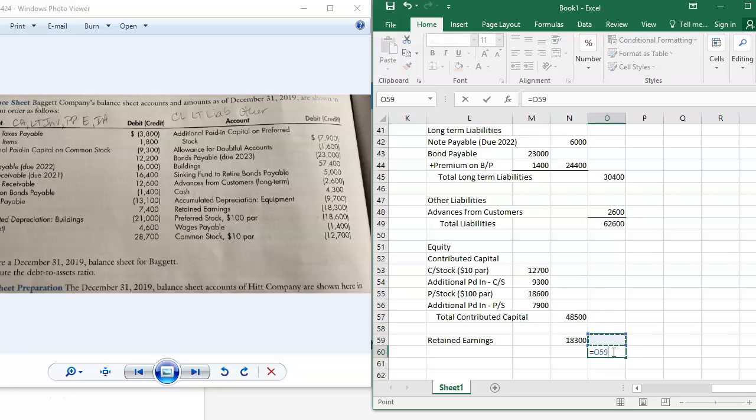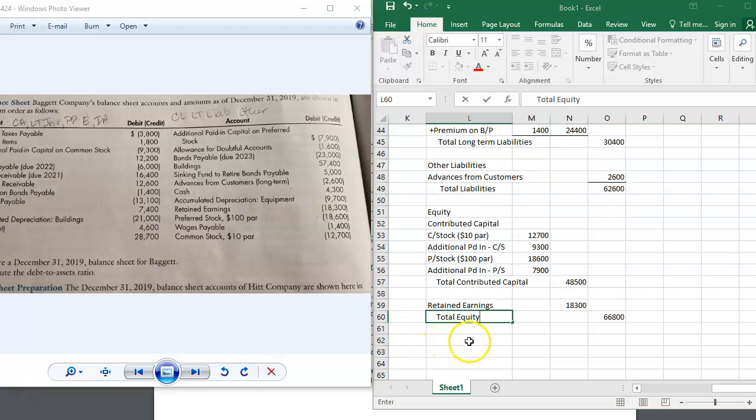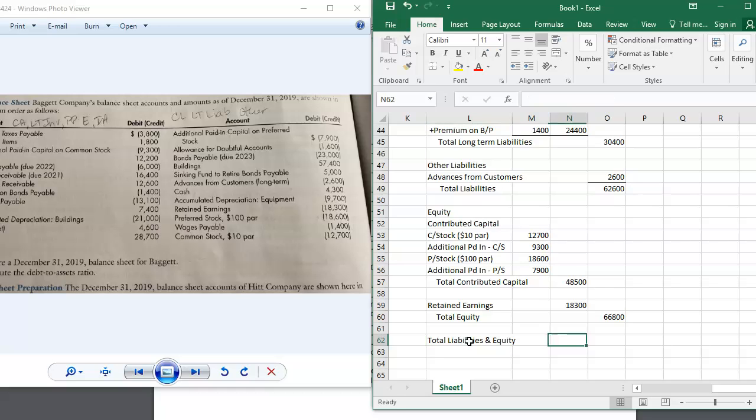And then these two add up to get my total equity. Okay, then the last thing is to add to get the total liabilities and equity. Now I'm going to add these up. I can already tell they're not going to equal my total assets. They're going to be too big.